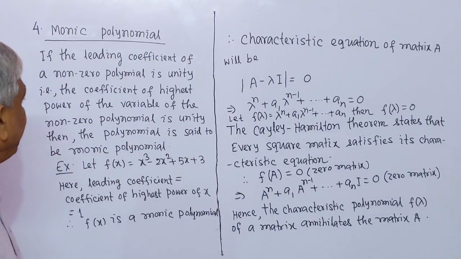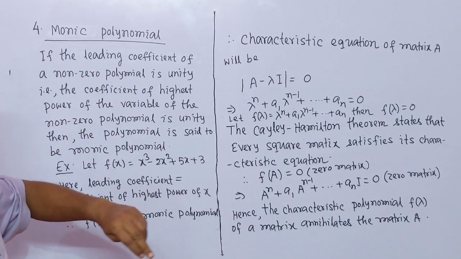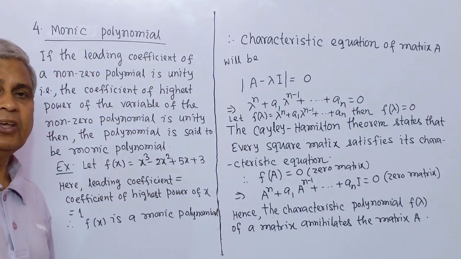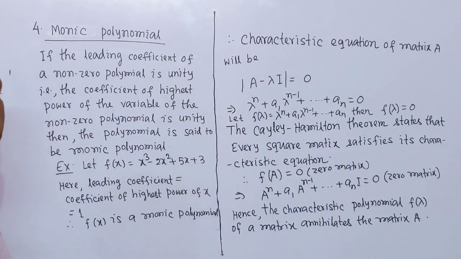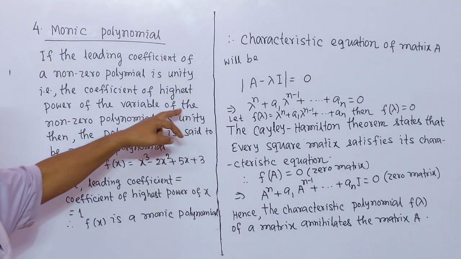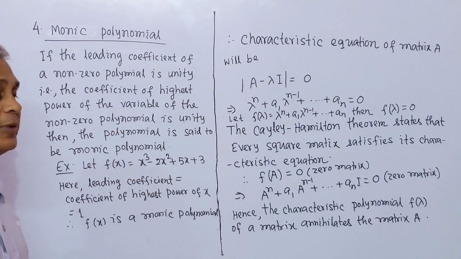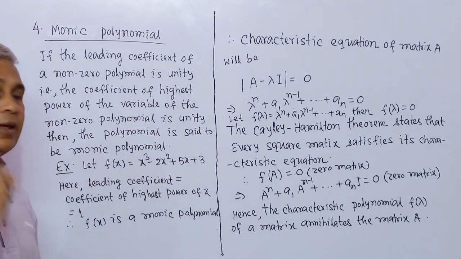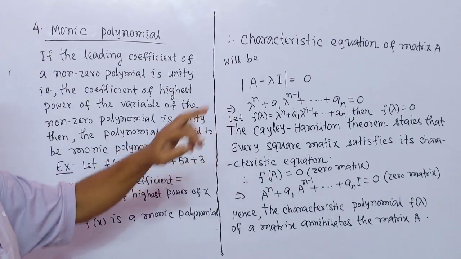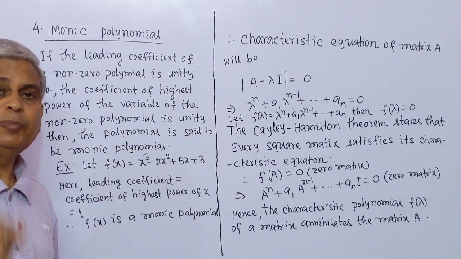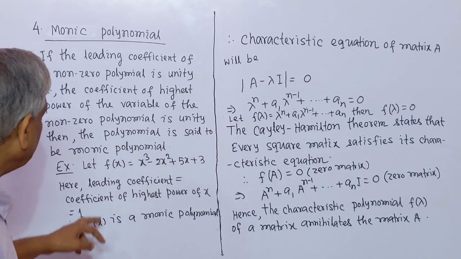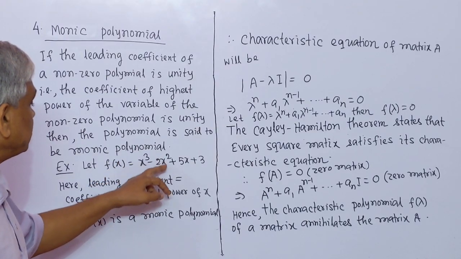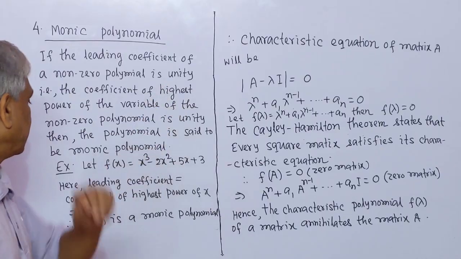Number 4, we define monic polynomial. If the leading coefficient of a non-zero polynomial is unity, that is, the coefficient of the highest power of the variable of the non-zero polynomial is unity, then the polynomial is said to be monic polynomial. For example, here f(x) equal to x cube minus 2x square plus 5x plus 3.